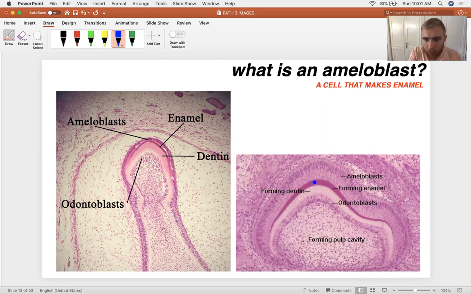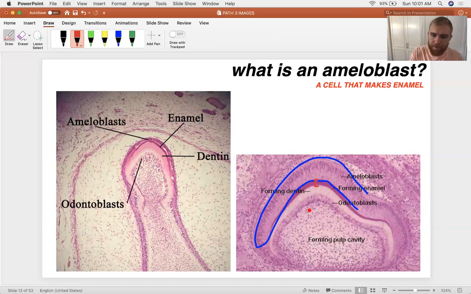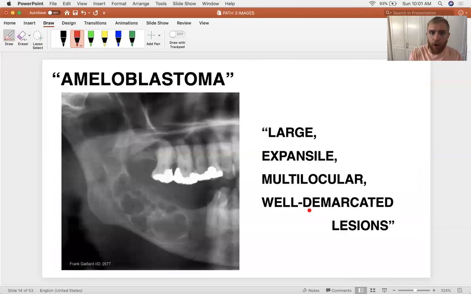So the ameloblasts are going to be this palisading layer of columnar fan-like cells sitting on top of this deep pink-red strip of enamel within the slice of this developing tooth. So that is the cell that an ameloblastoma originates from.